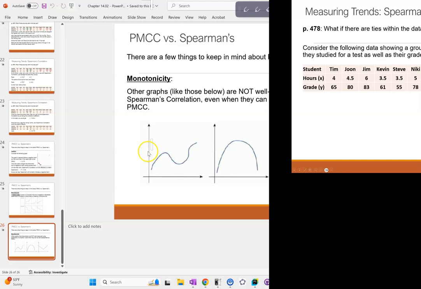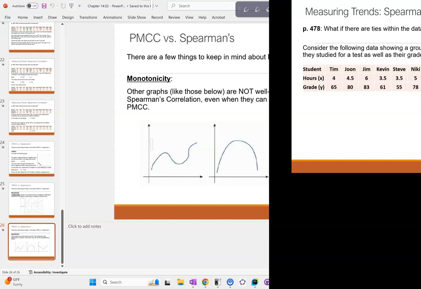So let's start by doing our ranking. If I look at the X's, 7 is the biggest value, so that's my 1. 6.5 is my second biggest value, so these three, I'll get 2s. Everybody's okay? My next biggest value is 6, but that's actually the 5th value that I've ranked now, right?